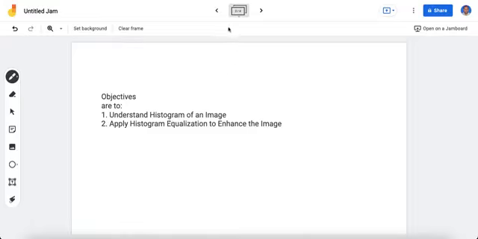To understand this, I would like to take a small image of size 4 cross 4. Let the image be a matrix f of x comma y, a 4 cross 4 image with 4 rows and 4 columns.